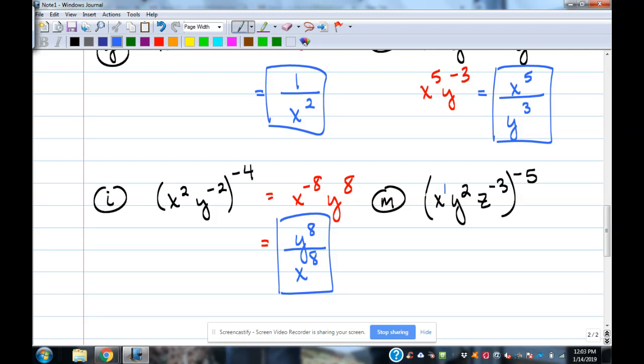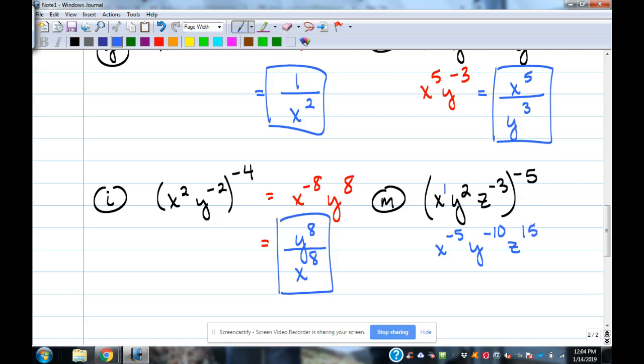Multiply again, so that'd be x to the negative 5, y to the negative 5 times 2 is 10. And z would be raised to the negative or positive 15. Good job.